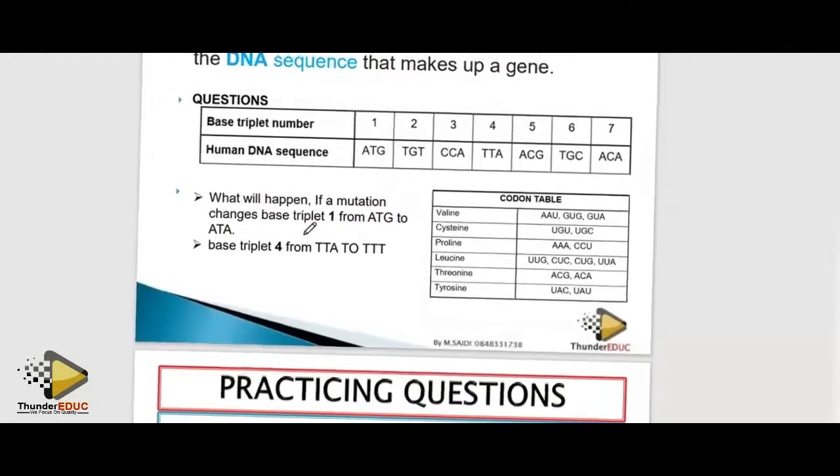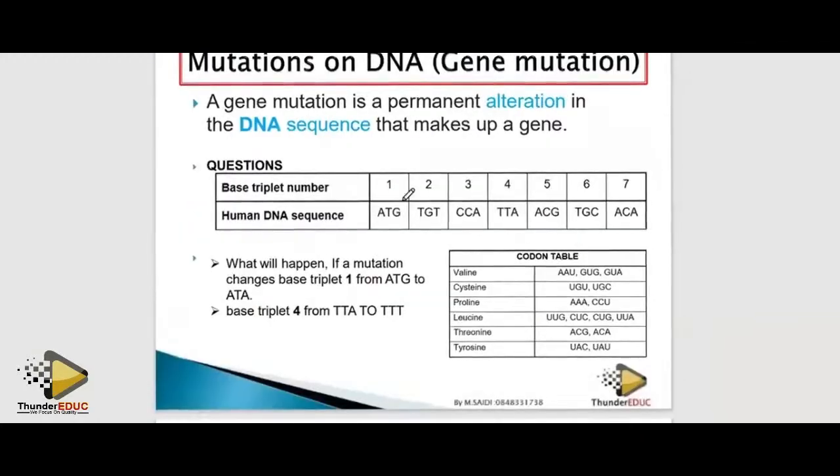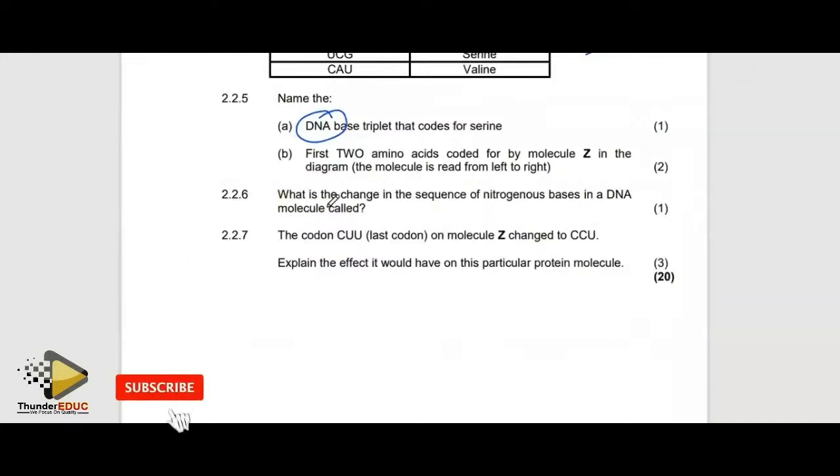So basically, if you go here, it's automatically answered there. Gene mutation is a permanent alteration of the DNA sequence that makes up a gene. The question they have asked here, change in the sequence of nitrogenous base, how is it called? It is the gene mutation.